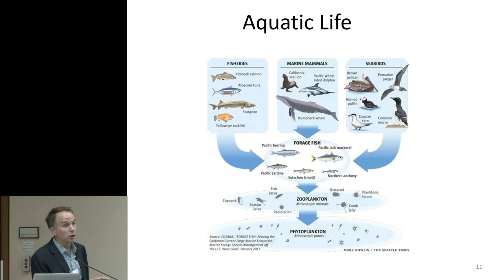This is focused on the Pacific Northwest, the United States, and some of you may know salmon is a pretty big deal there. And then our marine mammals, which people tend to care about and be interested in, humpback whales, sea lions, and then our seabirds, right? So all of this is starting with our phytoplankton, right? Those nutrients coming up, interacting with sunlight and presence of gases and nutrients, and then fueling this food web.